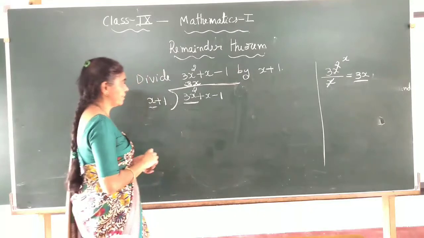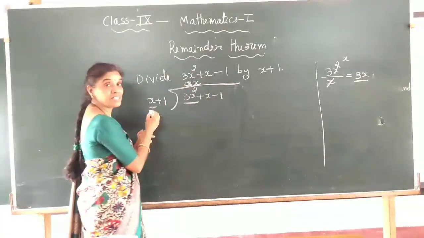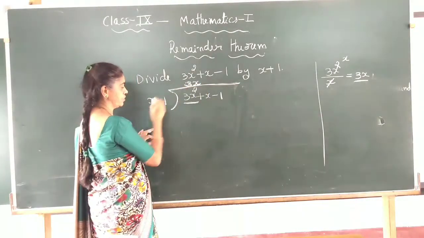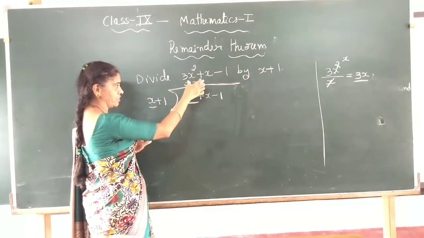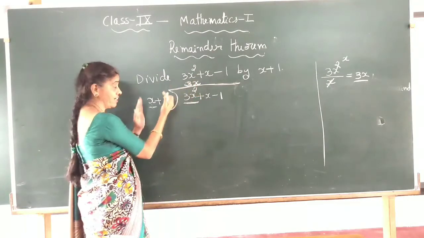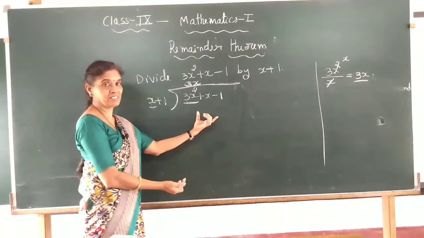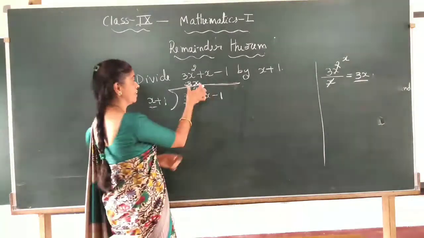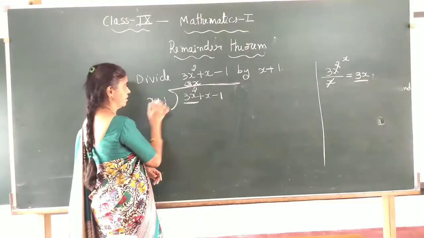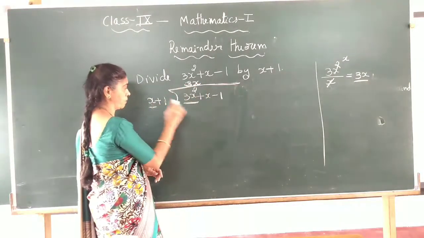Okay. Then 3x into x. Whatever number we are writing, we multiply it by the divisor completely, and we write it below. You have seen this in the arithmetic of division, right? Same manner. So 3x into x. Since both have plus here, here also plus will come.